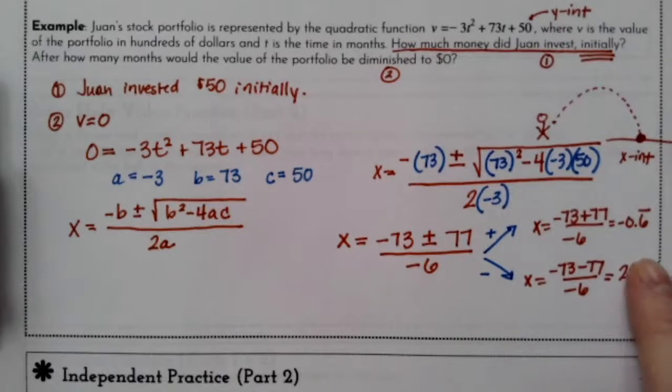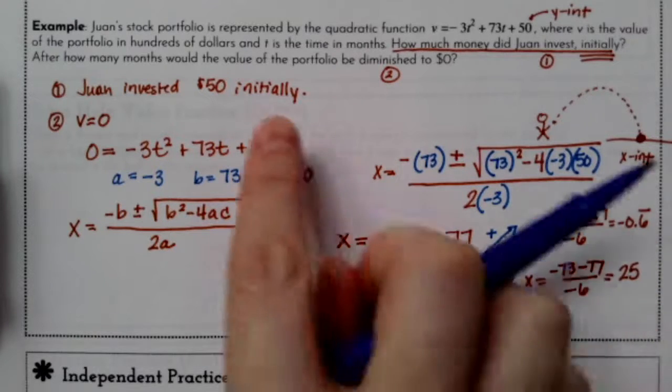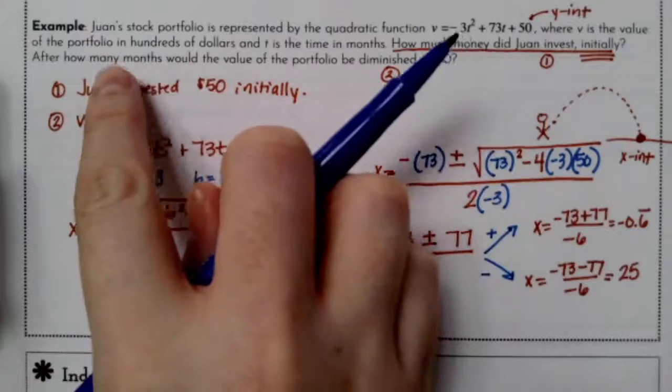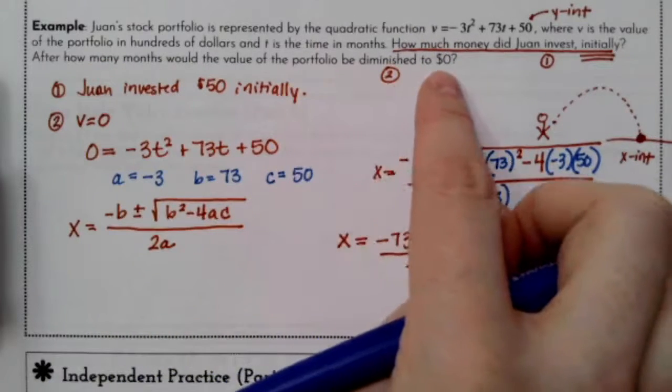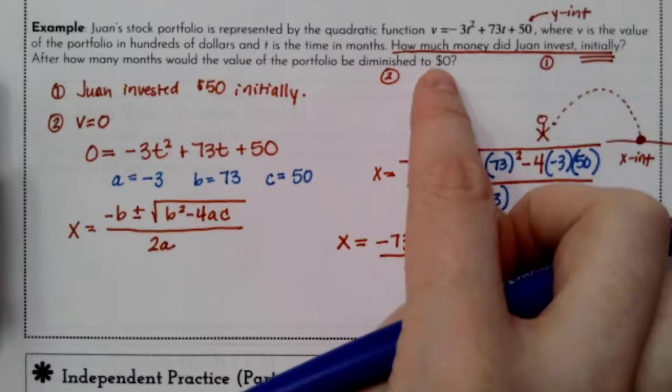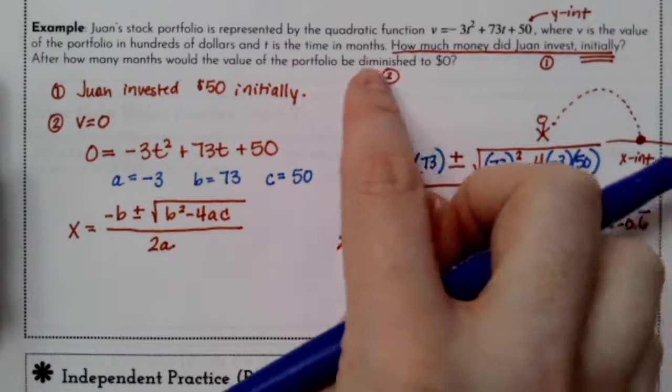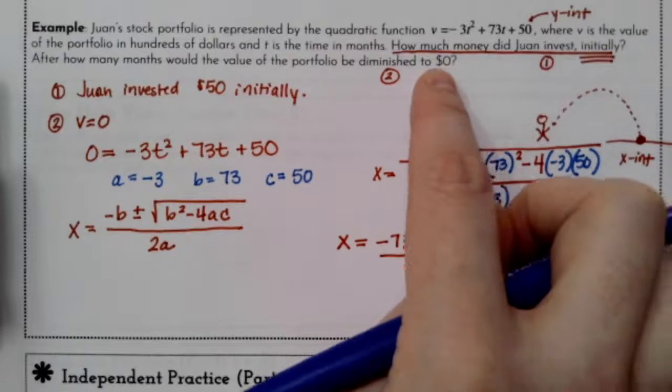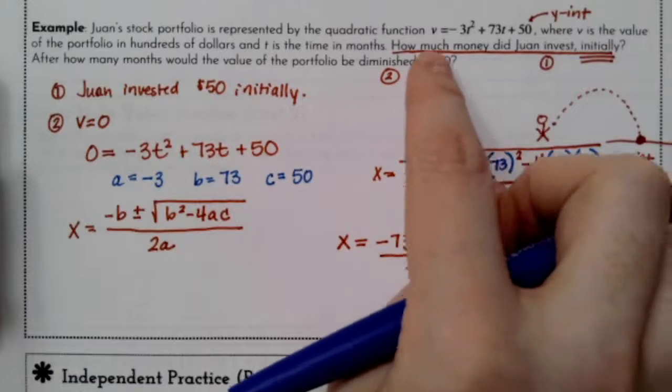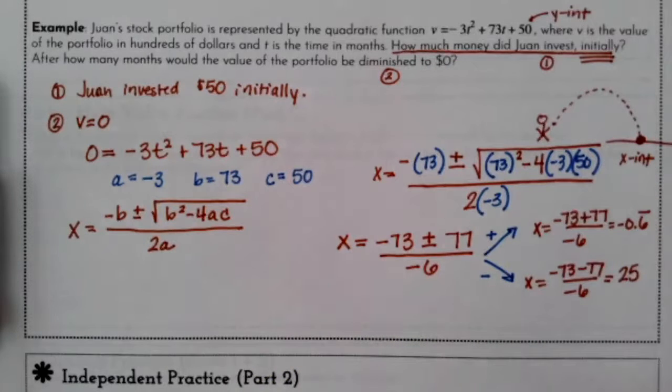So we need to look at our answers and see if they both make sense, or only one of them makes sense, or none of them do. If the value is always bigger than 0, so he's always making money, then none of them would make sense. If it's always going to be negative or always going to be 0, then there might be 2 options. So you just want to make sure that they make sense.